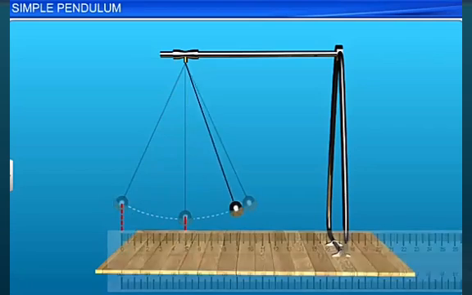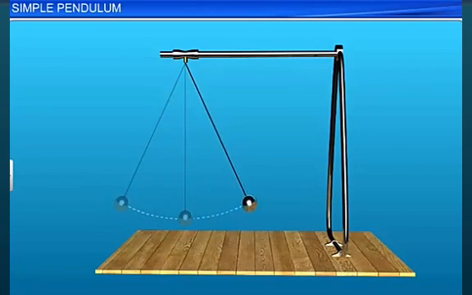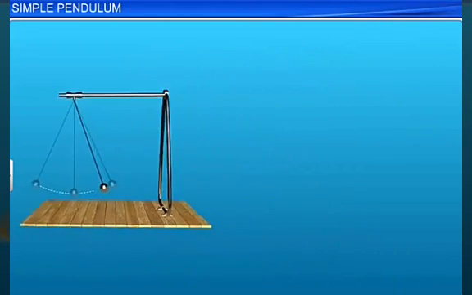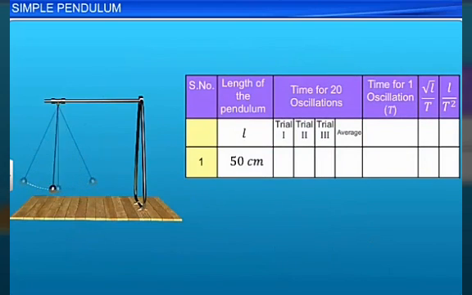The pendulum starts oscillating. Start the stopwatch when the bob is at one of its extreme positions. Count 20 oscillations and stop the stopwatch. Note the time taken for 20 oscillations and tabulate the readings under the head trial 1.